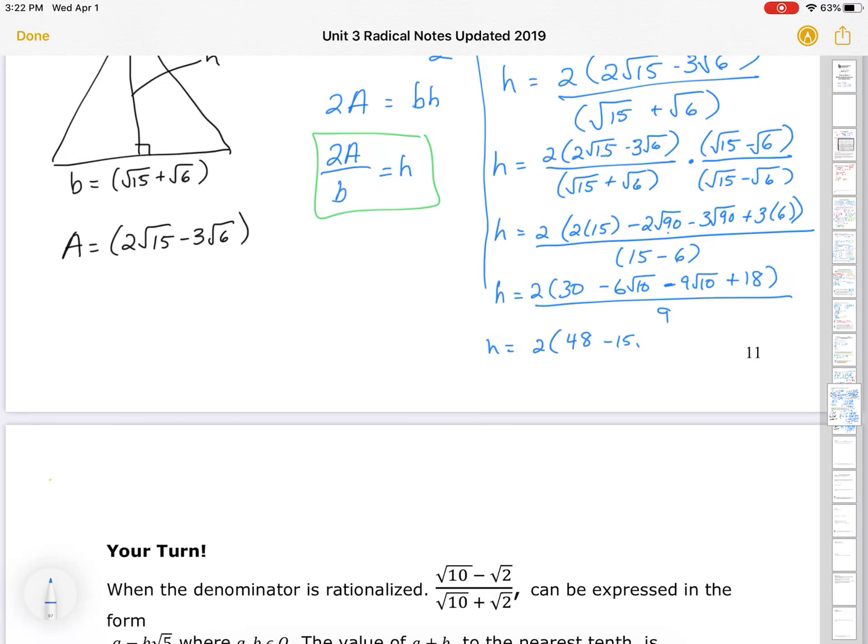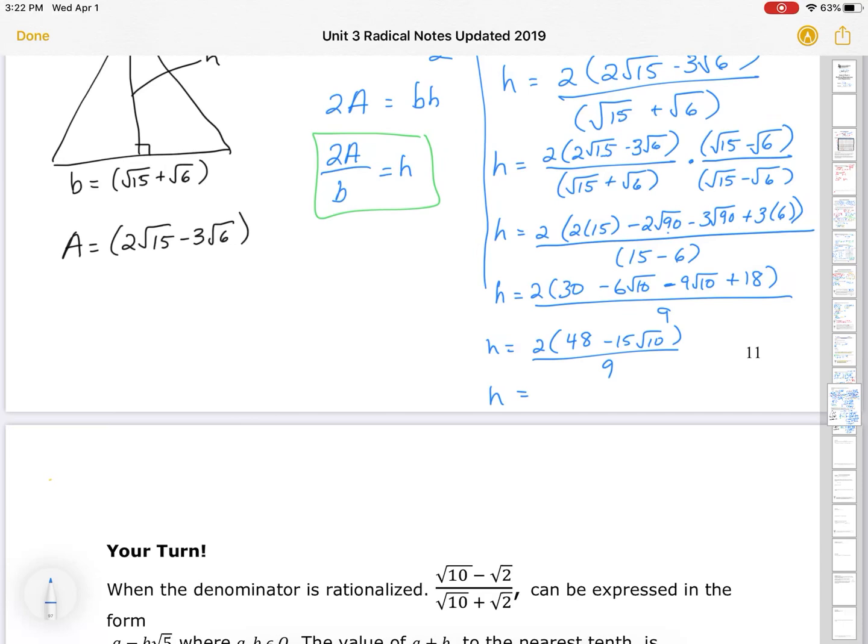Negative 6 and negative 9 is negative 15 root 10. And it's all over 9. I made a mistake in my notes again. You know how I do that. I just want to double check my work to make sure I did it right. I see what I did in my work. Okay, so this should be correct.